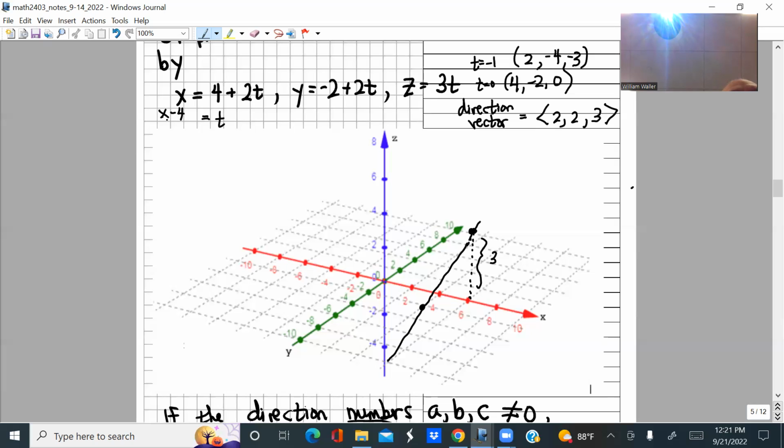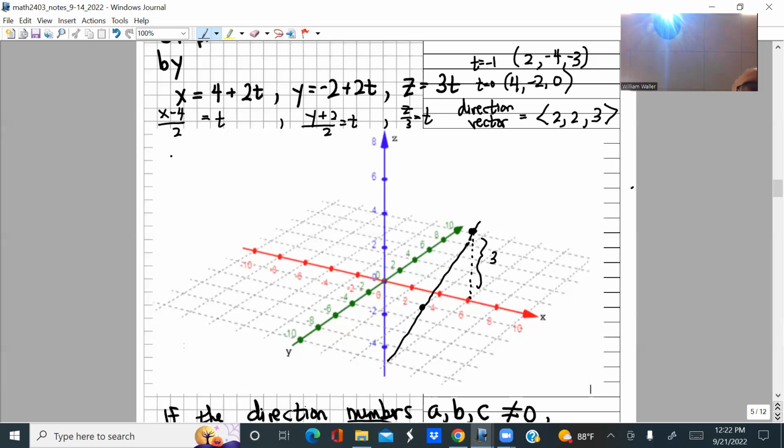x minus 4 over 2. And then here, you would get what? y plus 2 over 2 is equal to t. And then here you would get what? z over 3 is equal to t. Is that right? So solve these equations for t. And since each one of these expressions on the right-hand side is equal to t, that means all these three expressions are equal.